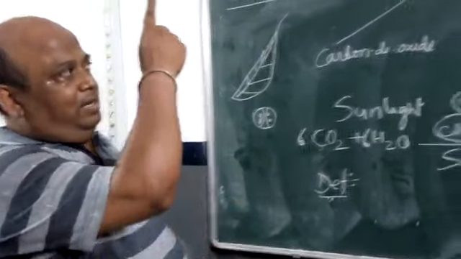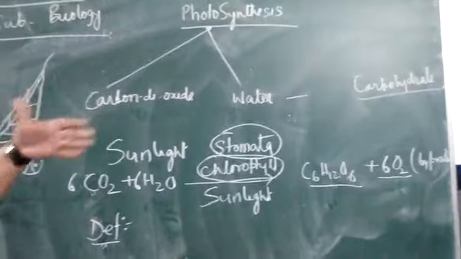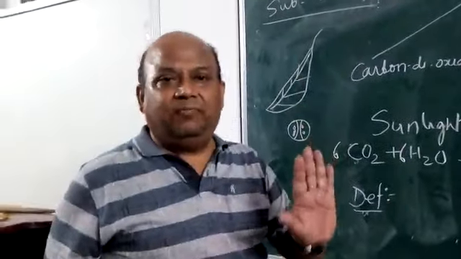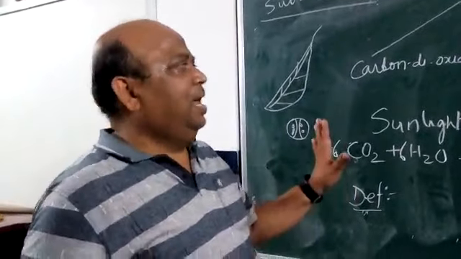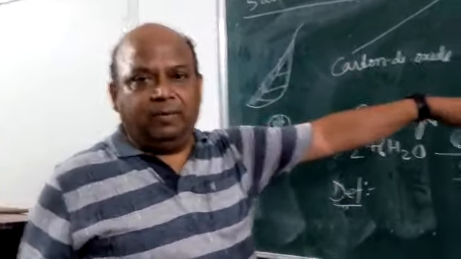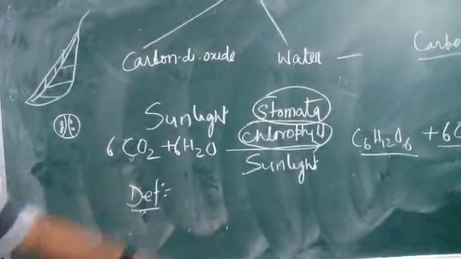So if I recapitulate the entire process of photosynthesis, we can define photosynthesis as a process in which the green plants prepare their food in presence of the sunlight and chlorophyll with the utilization of carbon dioxide and water. And these are chemical reactions, you can say.